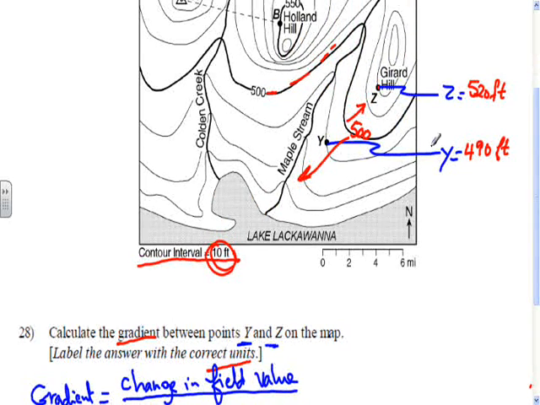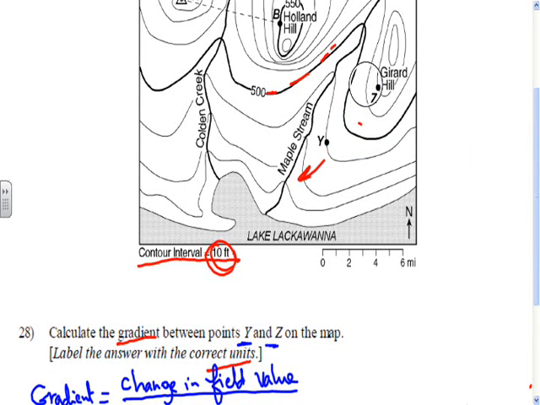Now let me just erase this so you can have a clear picture of the map. How can I find the distance between Y and Z? I have to use this, which is called the scale.